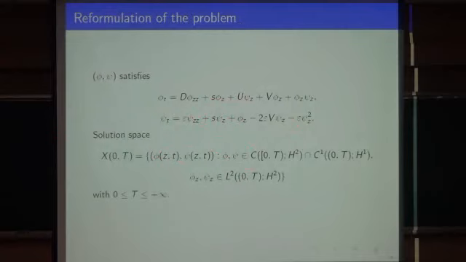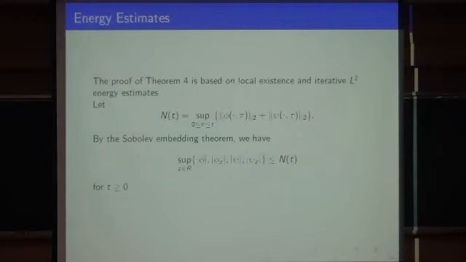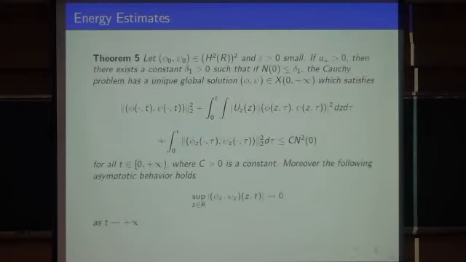And we work in this space. This is our space, capital X, and we are going to estimate the solution in that space. So if we can prove the a priori estimate that this capital N, if it is small to begin with, is also small as t goes to infinity, then we can prove the desired result.